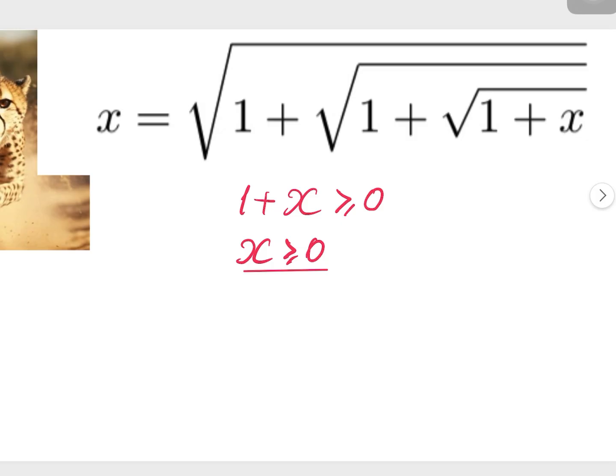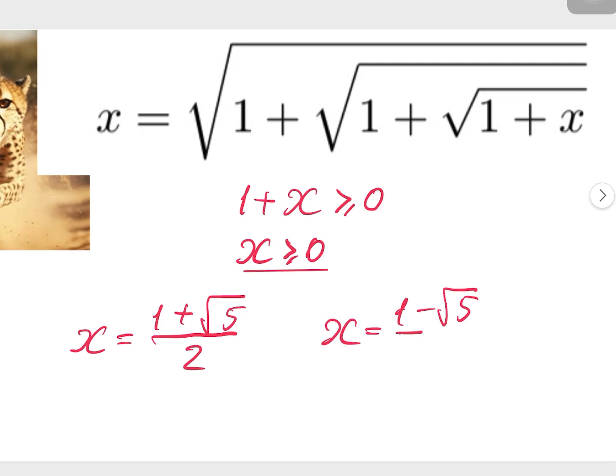Okay, and then we have a solution, so x equals 1 plus square root of 5 over 2, and the second solution is x equals 1 minus square root of 5 over 2.